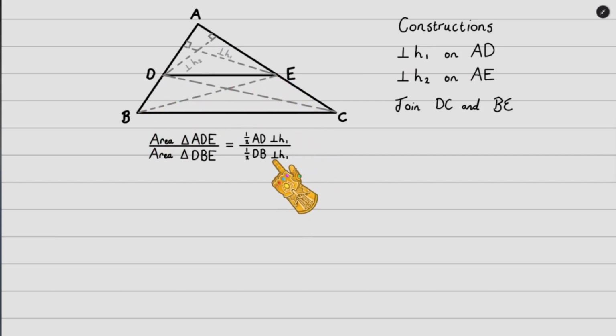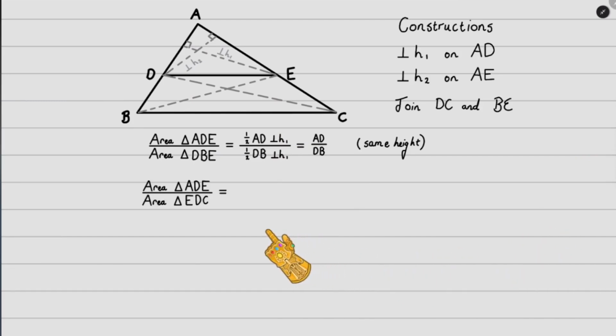Then from there, we can see that they have the same height, so they cancel. Additionally, the halves also cancel. And we are just left with AD over DB. Now we're going to do a very similar thing with another 2 triangles. Before we move on to the next set of triangles, we've just got to say same height as our reason for that, because we recognize they have the same perpendicular height.